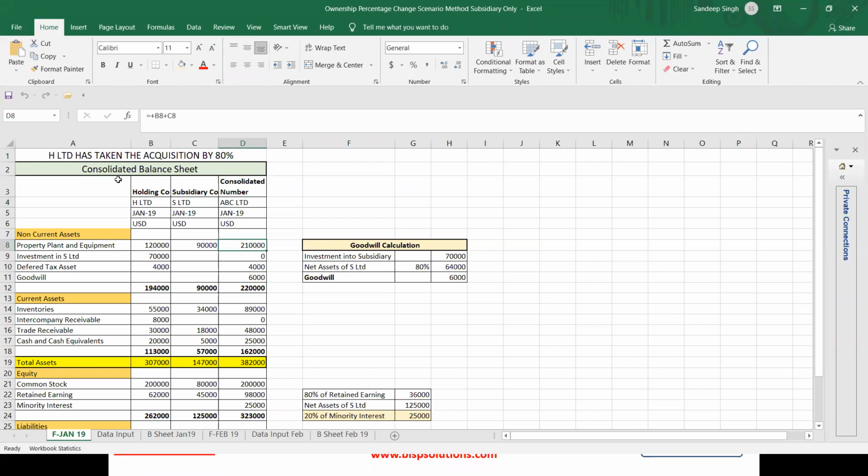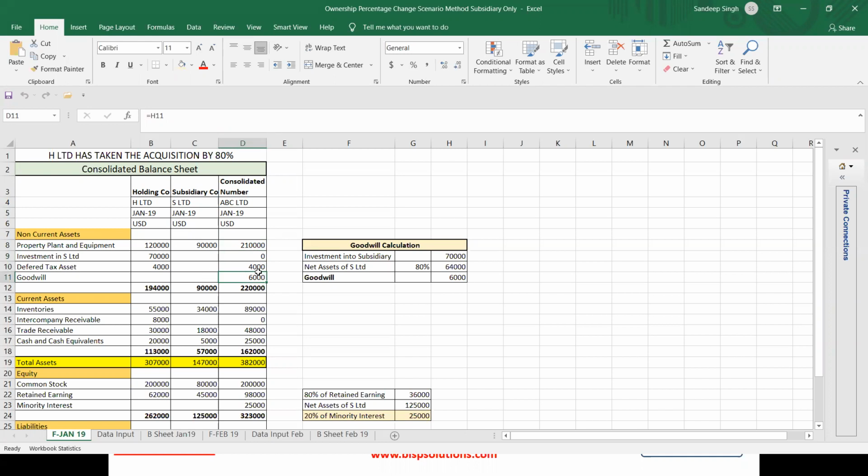Since the acquisition took place at 80%, we are merging the assets of the parent with the assets of the subsidiary. Investment gets eliminated.